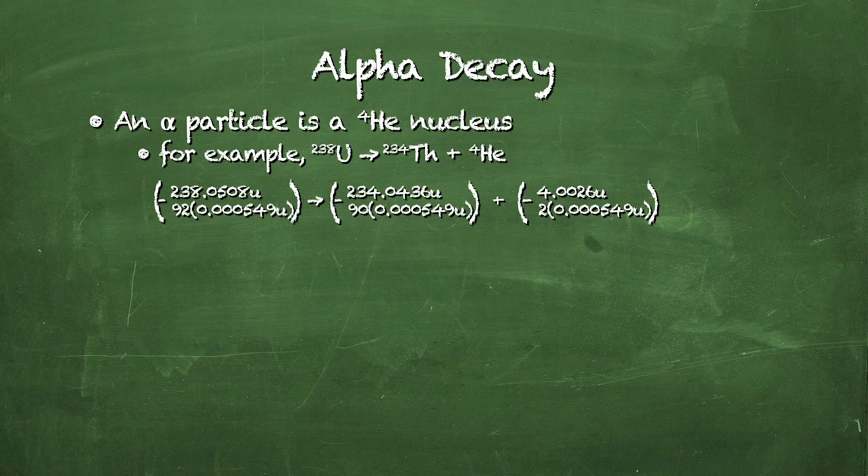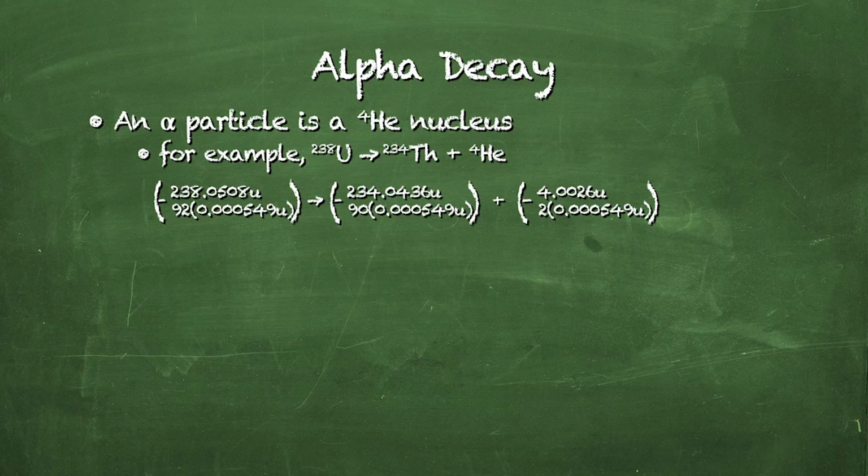And then on the right-hand side of the reaction, we have the atomic mass of thorium, which is 234.0436 atomic mass units, minus 90 electrons, because thorium is element 90, so it would be minus 90 times the mass of an electron, or 0.000549 atomic mass units, plus an alpha particle, or a helium-4 nucleus.